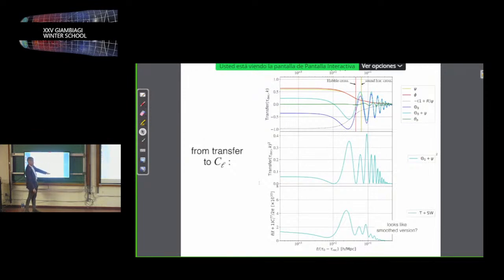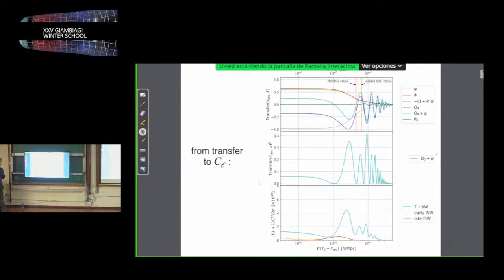And I have time to explain the smoothing, and then it will be a very good time to stop. So when I go from the square of the transfer function to the C_L, why do I have a smoothing effect? It's because decoupling is not instantaneous.